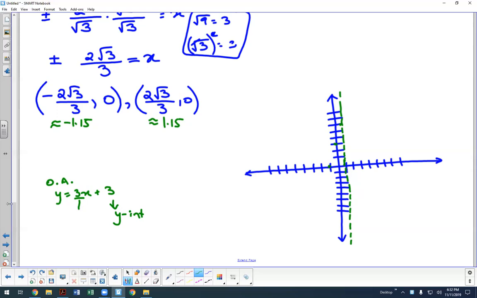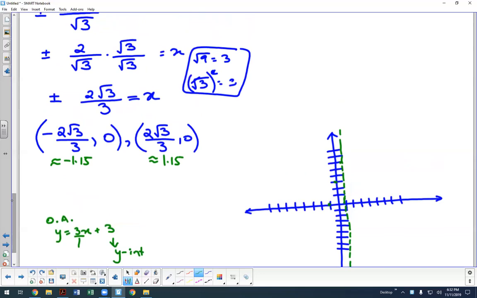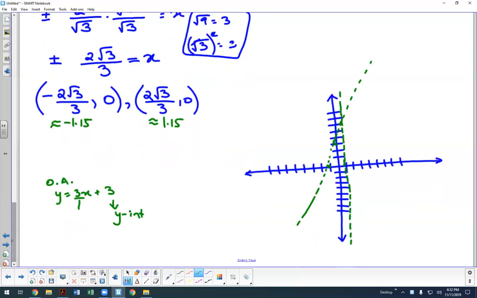Oh, and let me see if I can draw this relatively straight. Not really, but you get the idea. Okay, so make sure it's not a solid line when you graph this, because this line is not part of our graph. It's an imaginary line. Okay. Our y-intercept was at 0, 4. So, oh, my line's really off scale here.